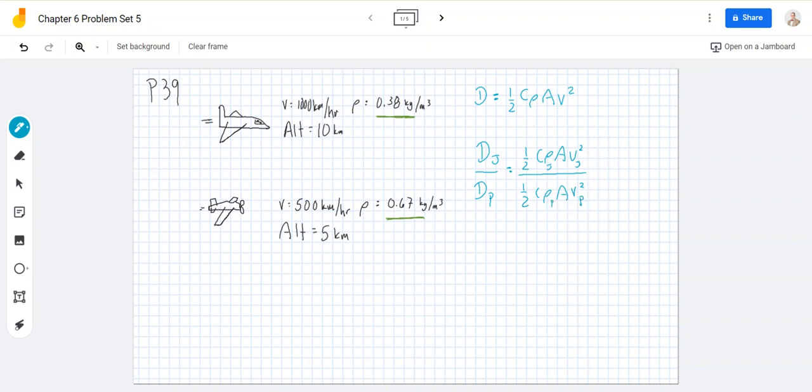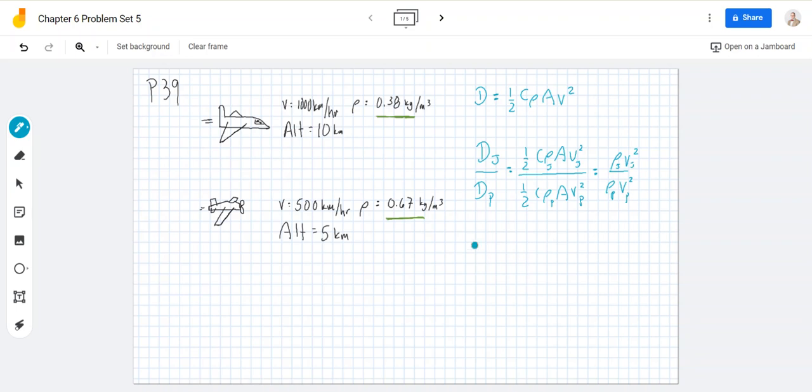Now, what happens here effectively is the halves go away, the c's go away, the a's go away, and we're left with rho v squared over rho v squared. This is for the jet, that's for the jet, and that's for the prop, and that's for the prop.